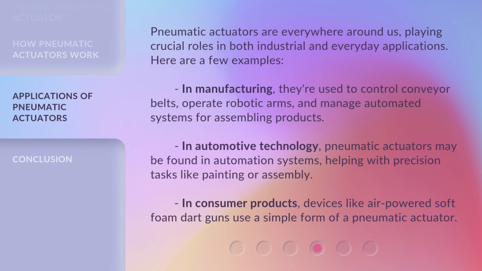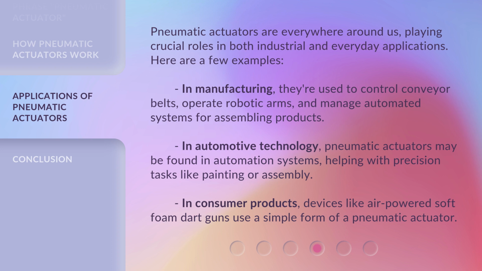Pneumatic actuators are everywhere around us, playing crucial roles in both industrial and everyday applications. Here are a few examples. In manufacturing, they're used to control conveyor belts, operate robotic arms, and manage automated systems for assembling products. In automotive technology, pneumatic actuators may be found in automation systems, helping with precision tasks like painting or assembly.